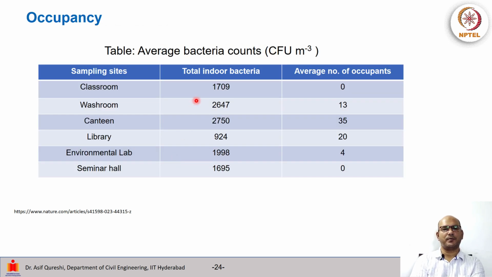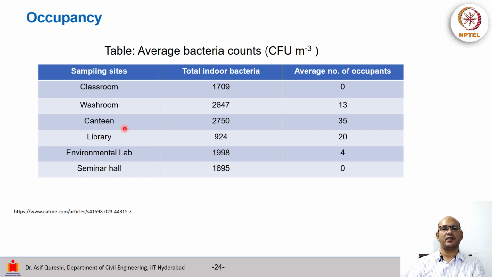The next is the occupancy, and referring to a case study on a class in a school environment, it was found that the number of total indoor bacteria was 1700 CFU per cubic meter in a classroom, even when there was no occupant at the time of analysis. The concentrations were much higher in the washroom, where 13 inhabitants were there.